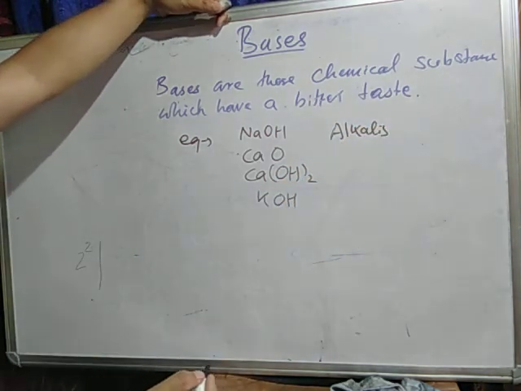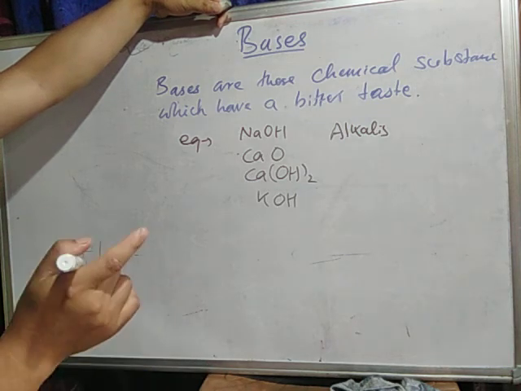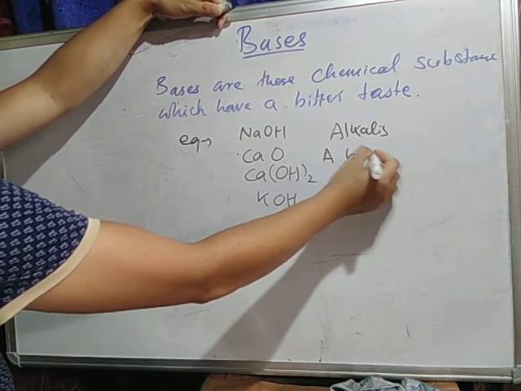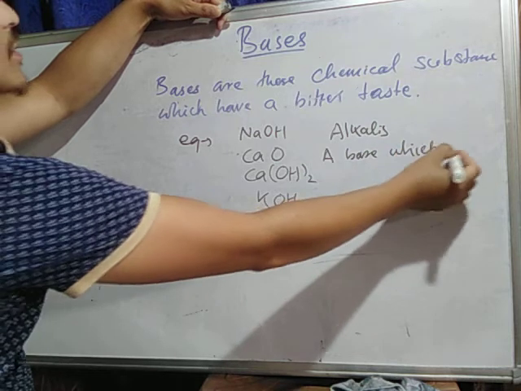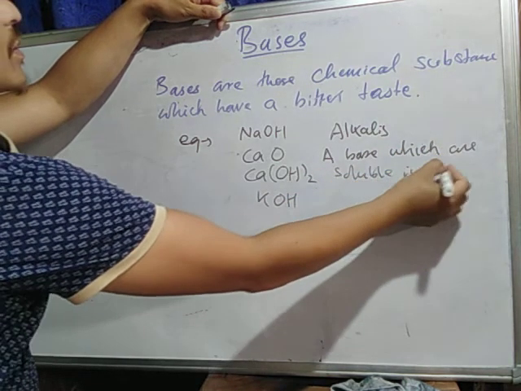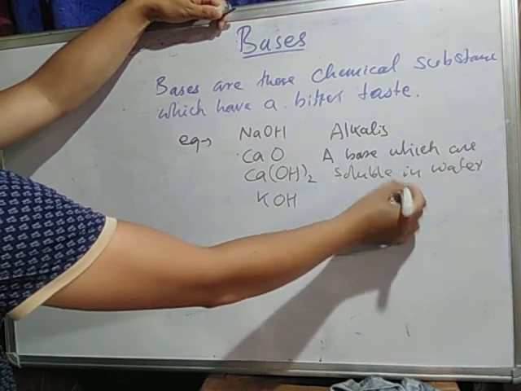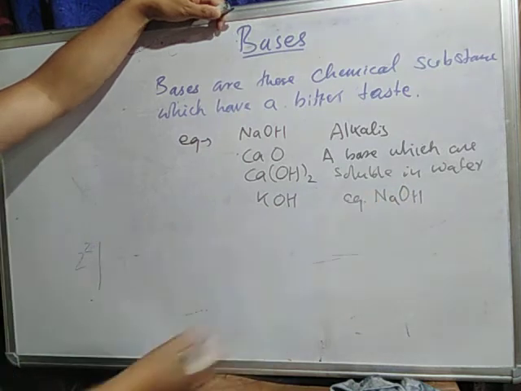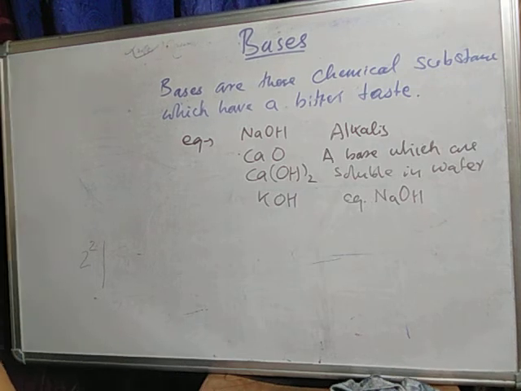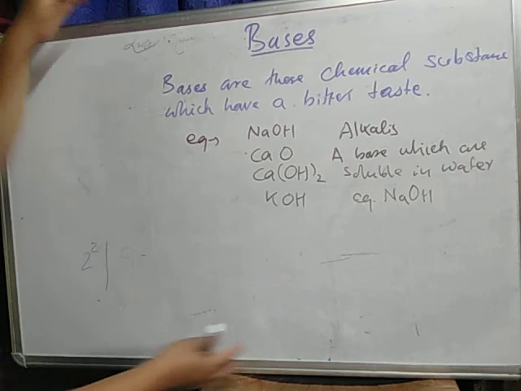What is an alkali? A base which is soluble in water, like your sodium hydroxide. Next, potassium hydroxide, which is soluble in water, clear.